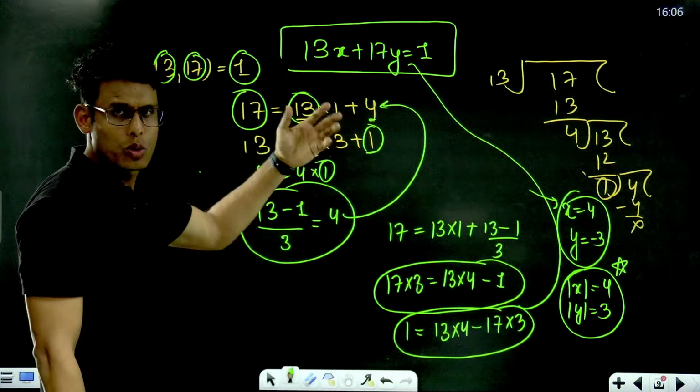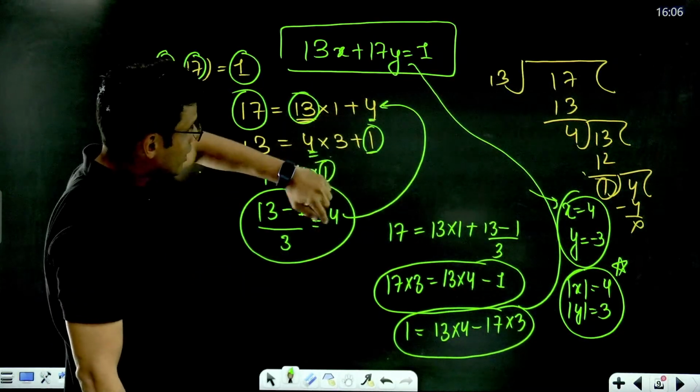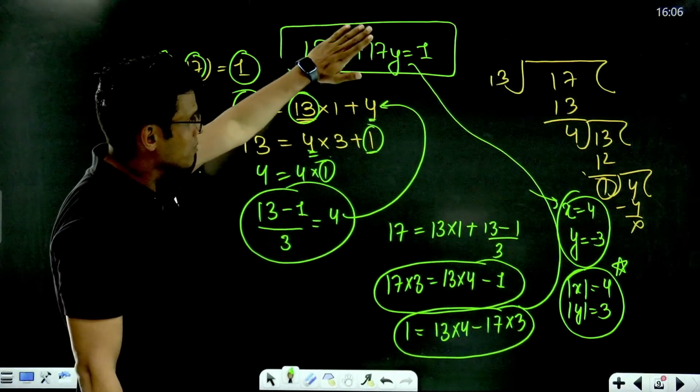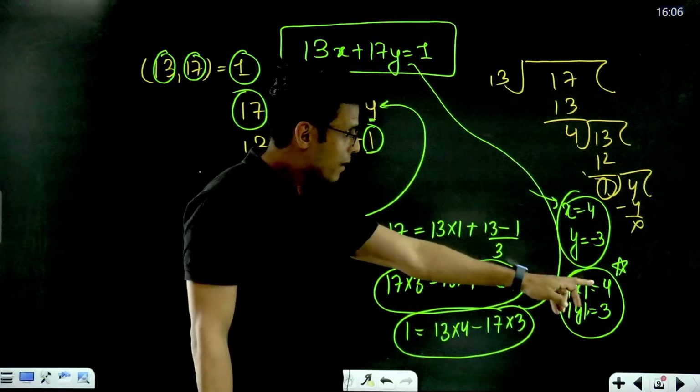The mechanism is the Euclid algorithm, more like finding the HCF, and then we just back substitute. For 13x plus 17y equal to 1, one solution is x equal to 4, y equals minus 3.